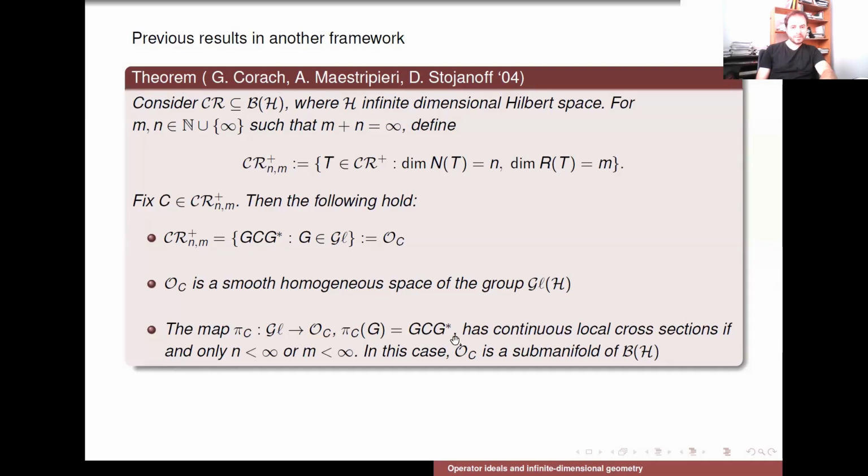It turns out that this map has continuous local cross-section if and only if n or m are finite. The idea behind this is to construct the continuous local cross-section. They need the continuity of the Moore-Penrose inverse, and so they need to move in a certain set where you can get that continuity.